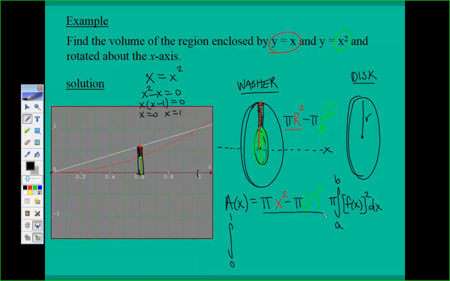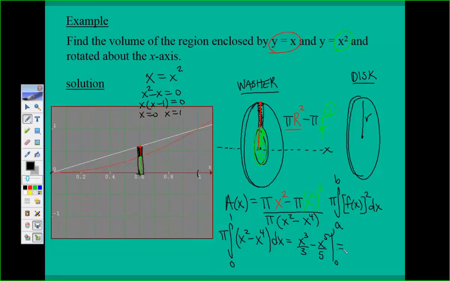And now here we have our area as a function of x. I could factor out a pi. So we would have pi times the integral of x squared minus x to the 4th dx. And this would calculate the volume. The antiderivative is x cubed over 3 minus x to the 5th over 5, evaluated from 0 to 1.